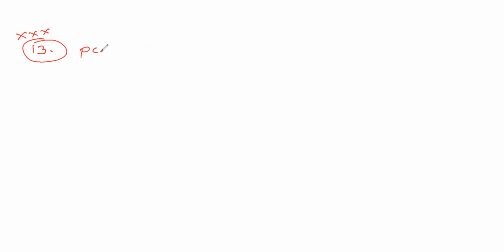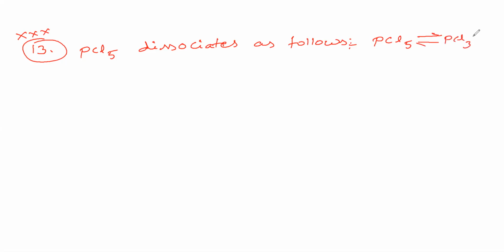PCl5 dissociates as follows. That is, PCl5 changes to PCl3 plus Cl2. This we already know, PCl5, PCl3 and Cl2 are all gases. This is the question.